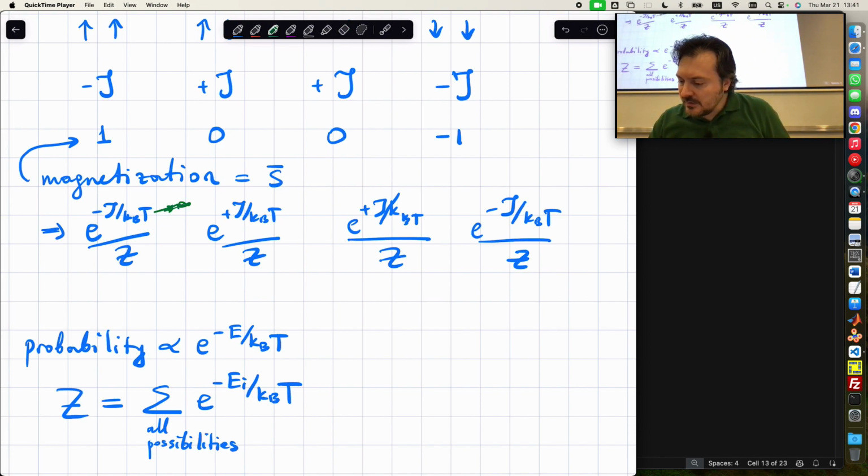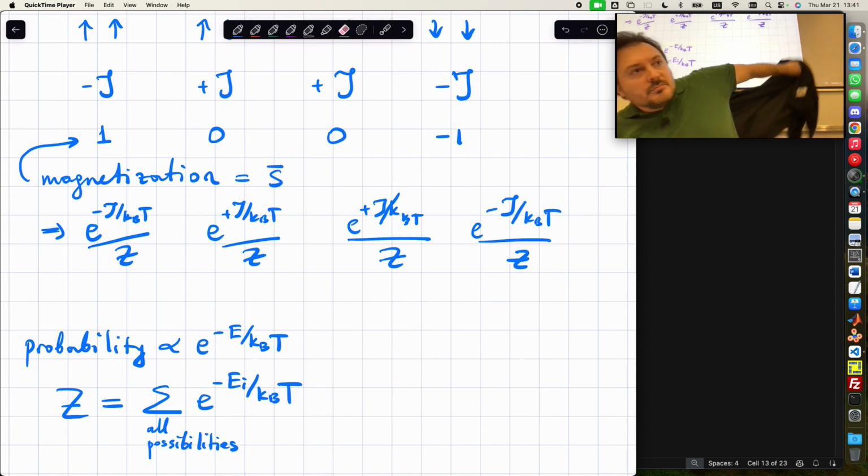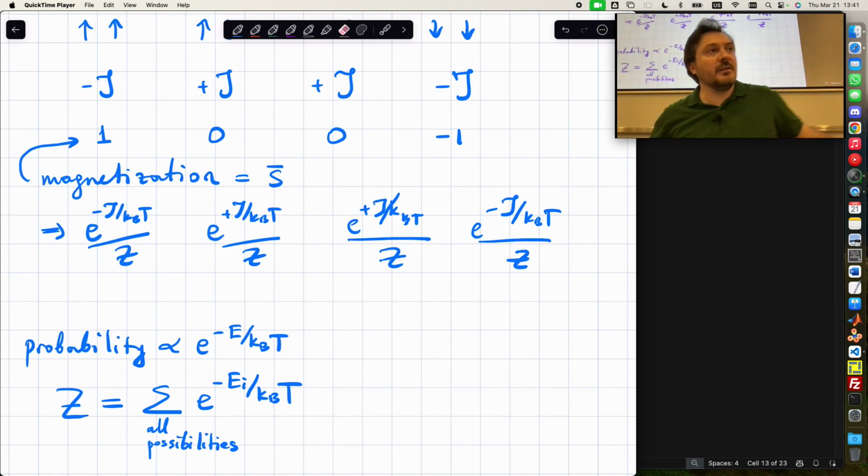While when T is very low, what happens when T is very low? Very good. When T is very low, do you see that these probabilities will go up? These probabilities will go down?